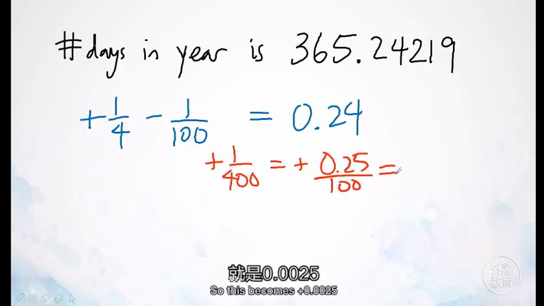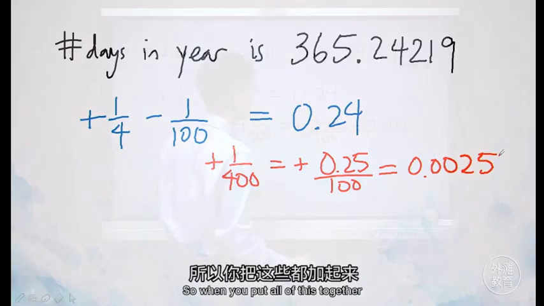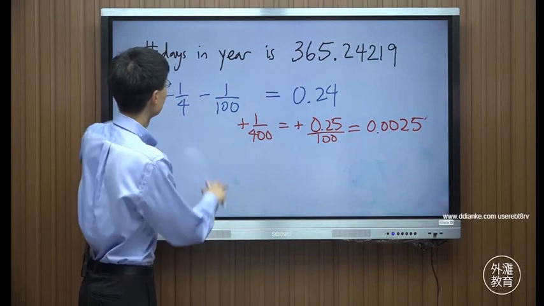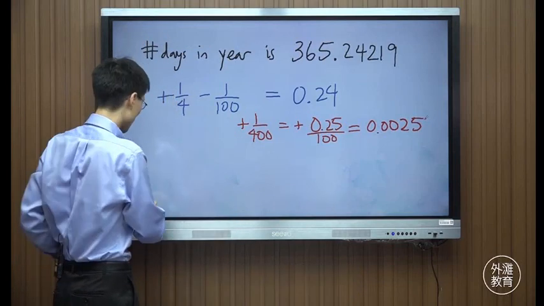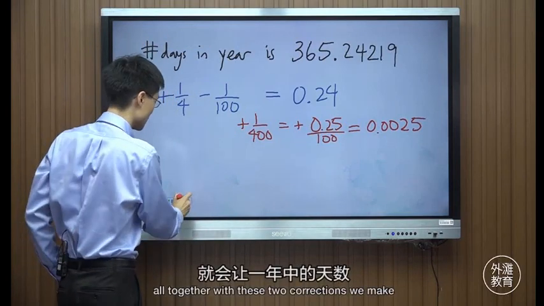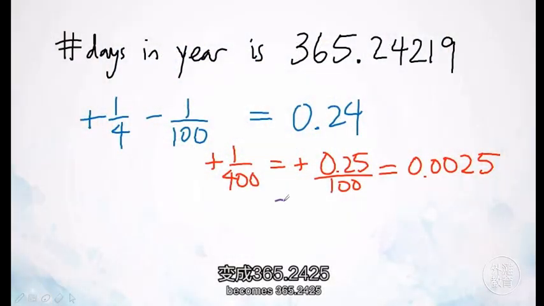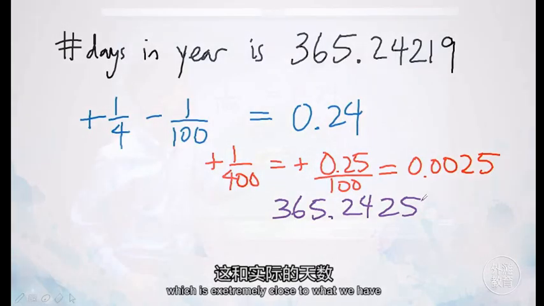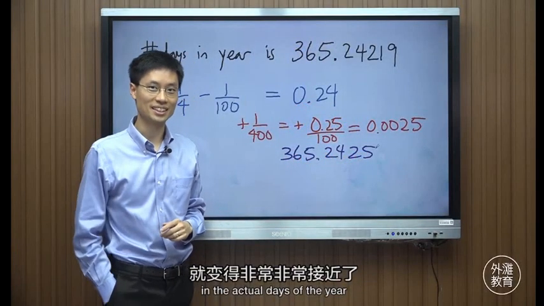So this becomes plus 0.0025. So when you put all of this together, with the rules that we have, the number of days in the year, all together with these two corrections that we make, becomes 365.2425, which is extremely close to the actual number of days in the year.